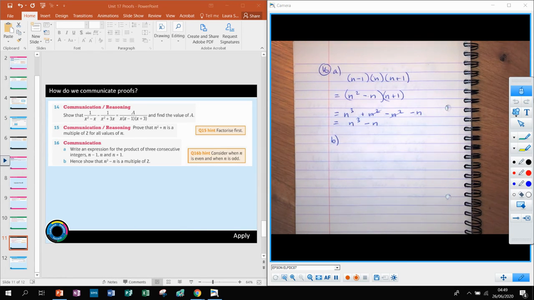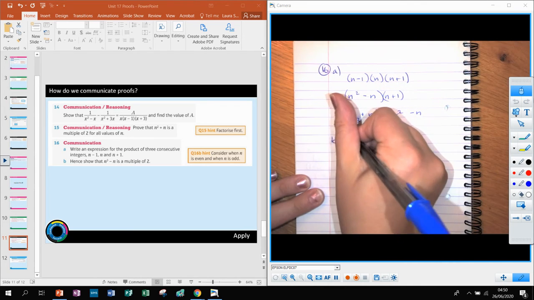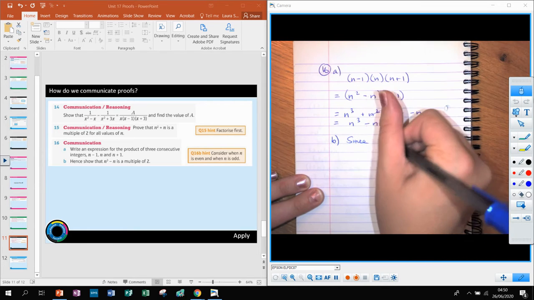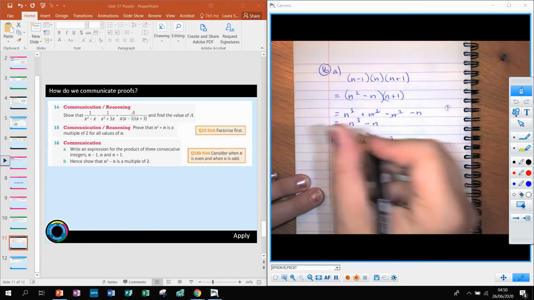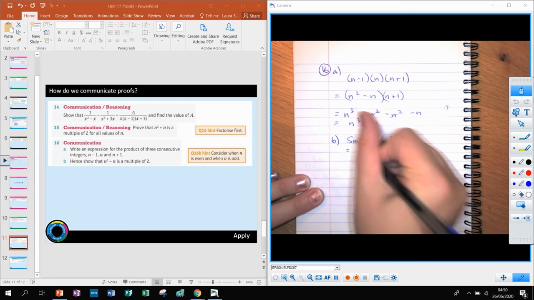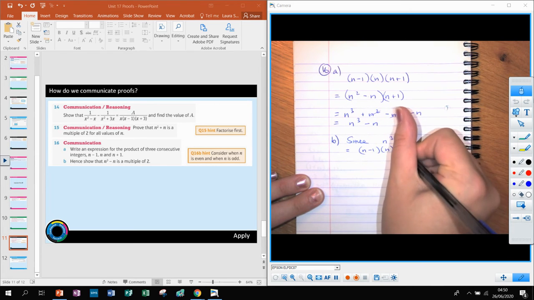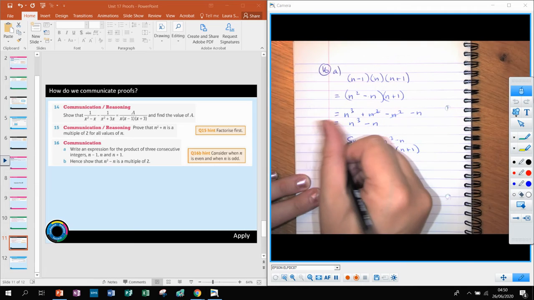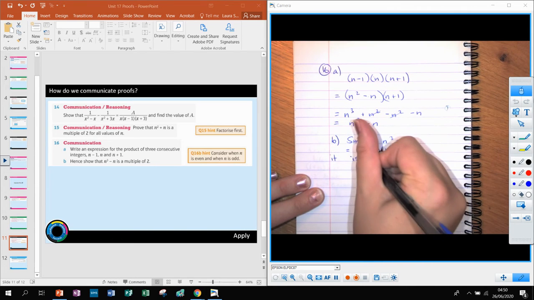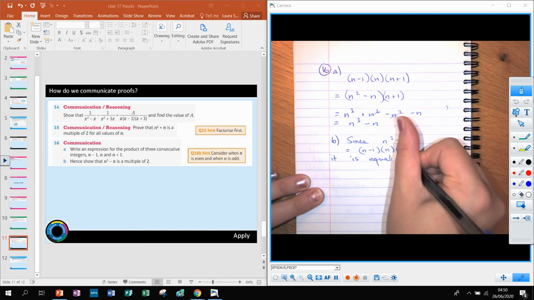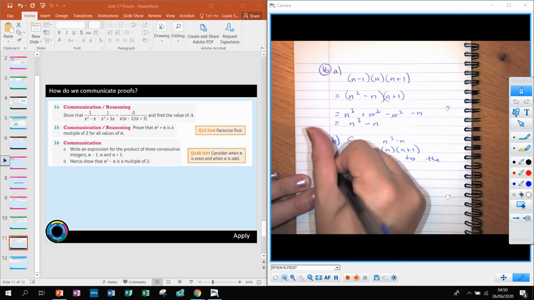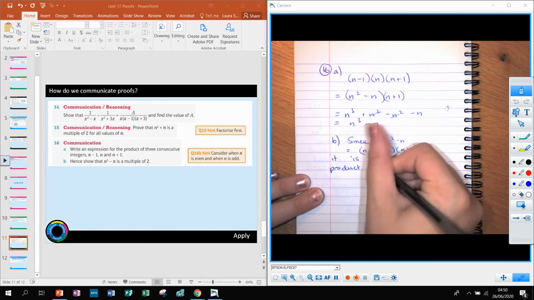So once again, we need to show something about even and odd numbers. Well, even times anything is going to force a number to be even, okay? So what we can now say is that since n cubed minus n is equal to n minus 1 times n plus 1, it is equal to the product of 3 consecutive numbers.